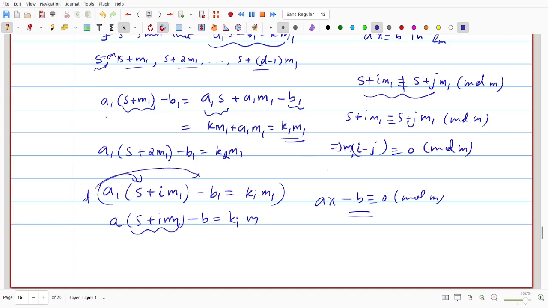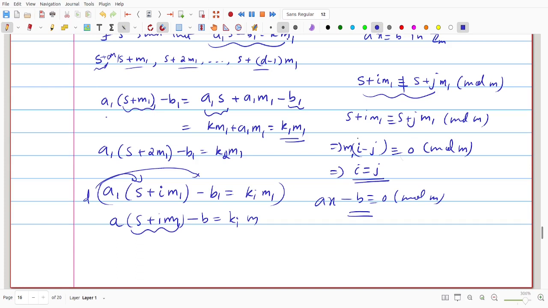So this implies i is congruent to j. If i and j are the same, then only this holds; in fact i and j are the same. Otherwise, if i and j are distinct, then m1 times (i minus j) will not be a multiple of m.